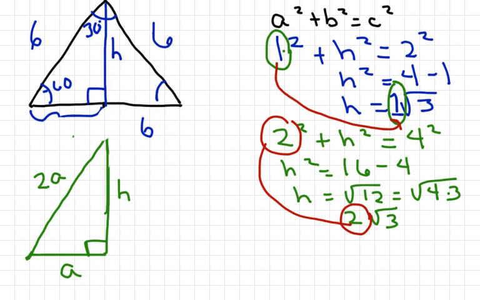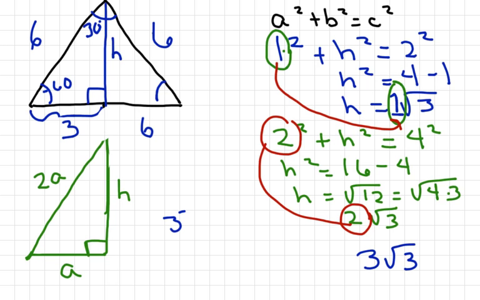Therefore, half of 6 here would be 3. What do you think my height is going to be? Did you say 3 root 3? You would be correct. Let's do it very quickly.